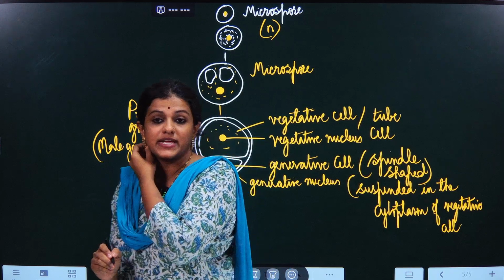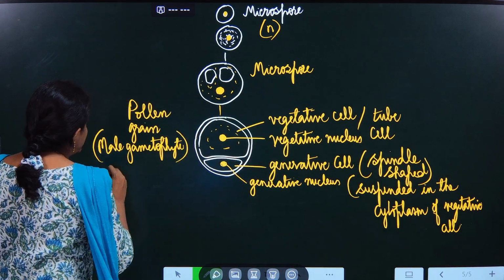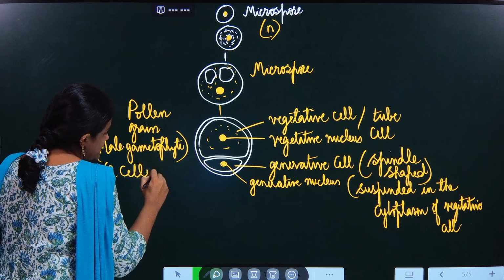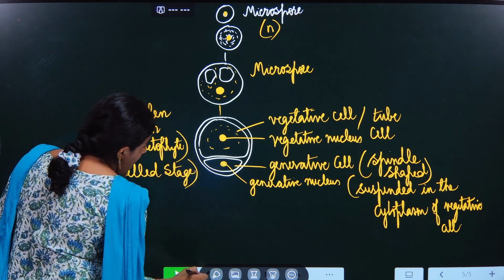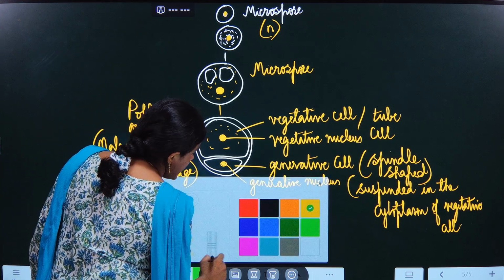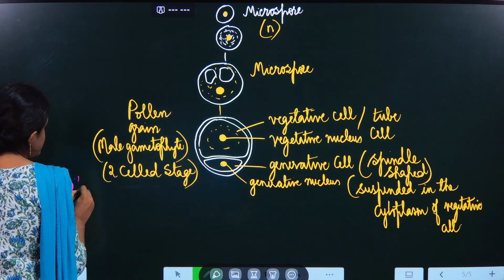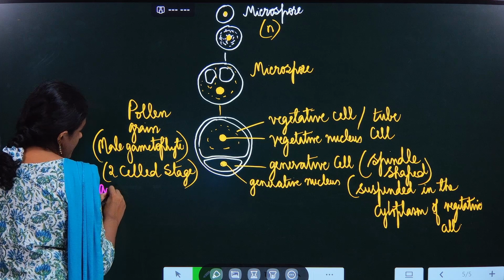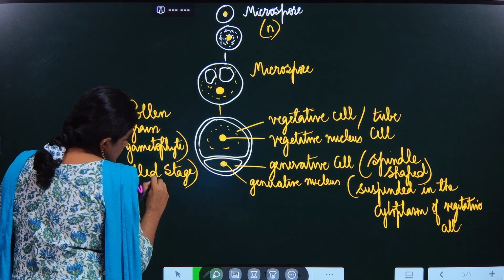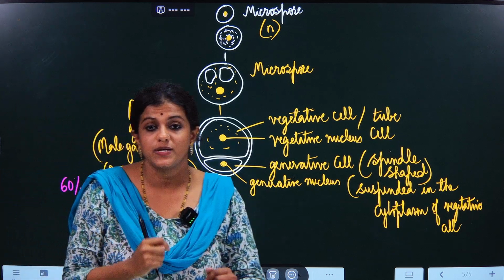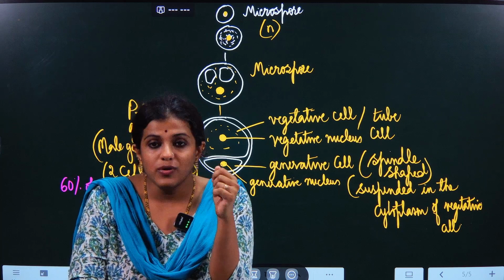Okay, next what happens? How many celled stage is this? Two celled stage of pollen grain, and you should remember that in 60% of angiosperms, anthers dehisce and pollens disperse.